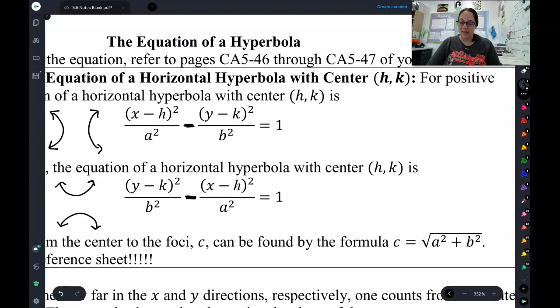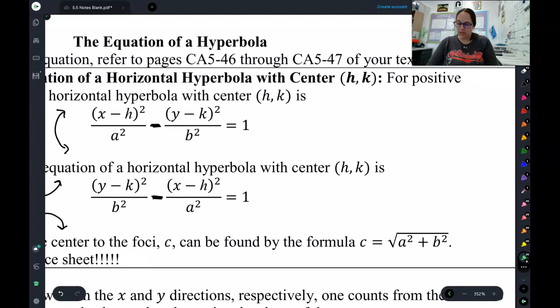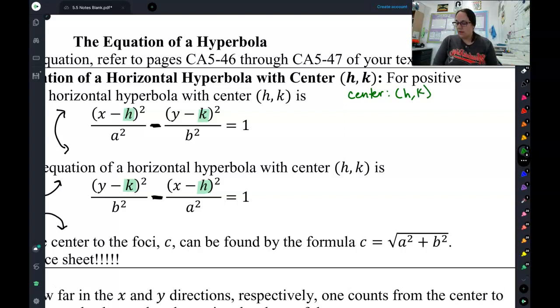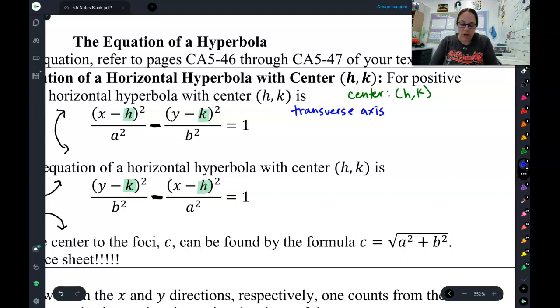Now let's talk about what's in the equations. The first thing we've got is, of course, h and k, which is our center point. Next thing we have is our transverse axis and our conjugate axis. Now, for a hyperbola, you need to remember that the transverse axis is whichever number comes first in the equation.